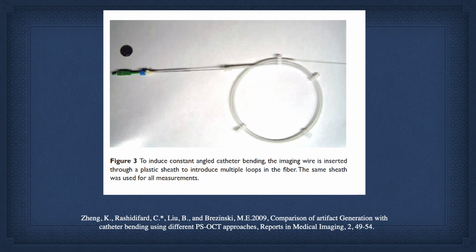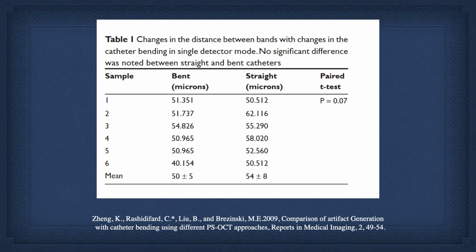So we did a study, it's cited here. We passed the catheter through the casing that a coronary catheter came in to maintain a fixed radius of curvature. And we tested single versus dual. And so first, when we look at single detector, which is the one we like, when it was bent versus straight, there was a slight tendency for a difference, 50 versus 54.